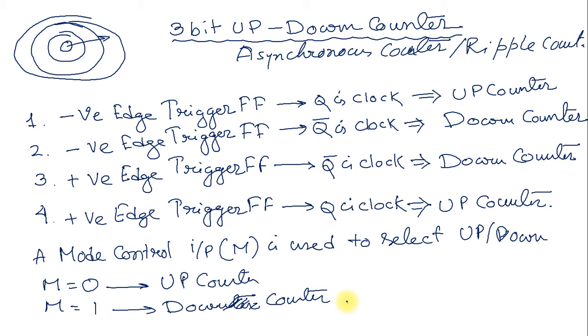The clock is given to the first flip-flop. But here the mode control input is connected with a combinational logic. We need to design this combinational logic, so that it controls the circuit to work as an up or down counter.